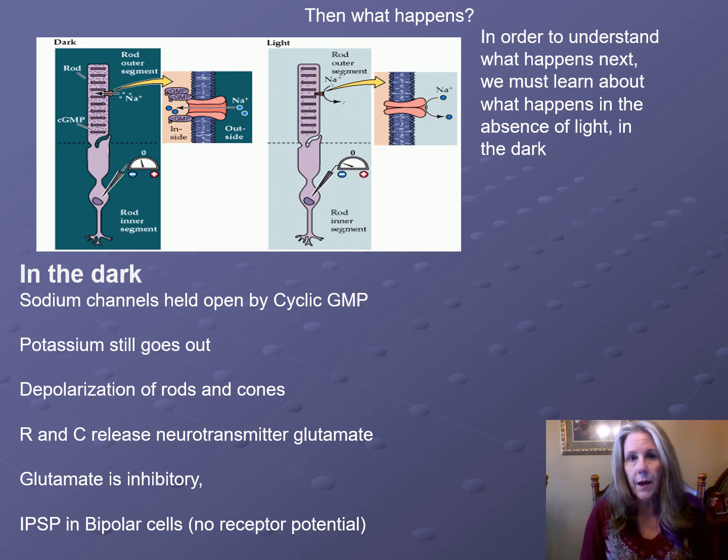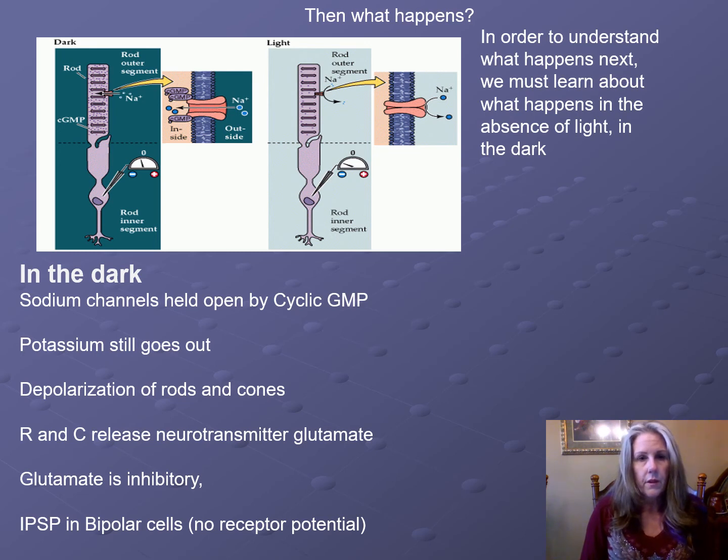This is actually what happens. It's just that it's counterintuitive. So as it stands, in the dark, the photoreceptors are depolarizing. In the absence of the stimulus for vision, the photoreceptors are depolarizing.